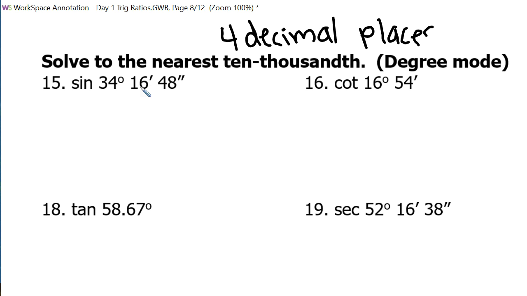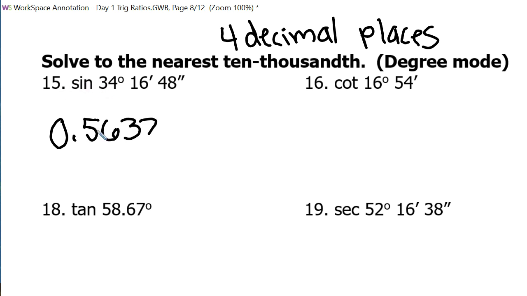And they said to round to the nearest 10,000th, so we need 4 decimal places. So I see .5632. Behind that is a 3, so does it round up or stay the same? Stays the same, so our answer is .5632. So make sure you round appropriately.